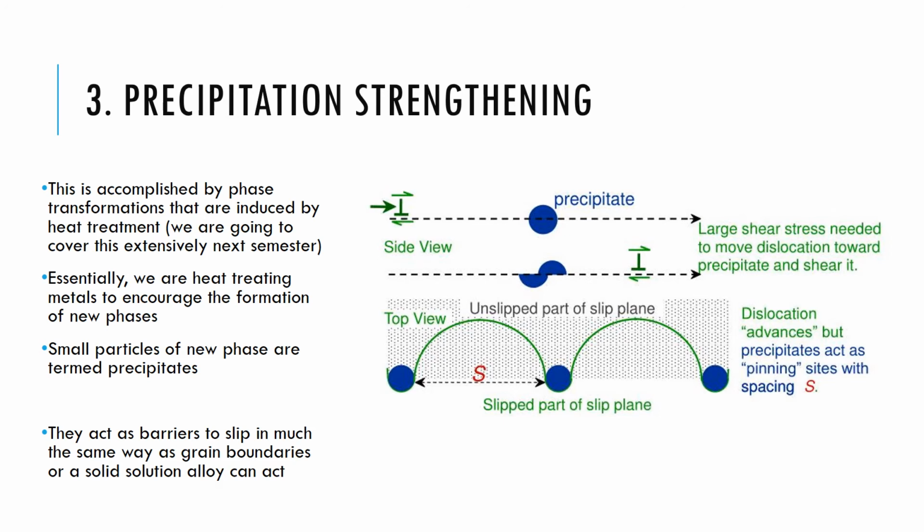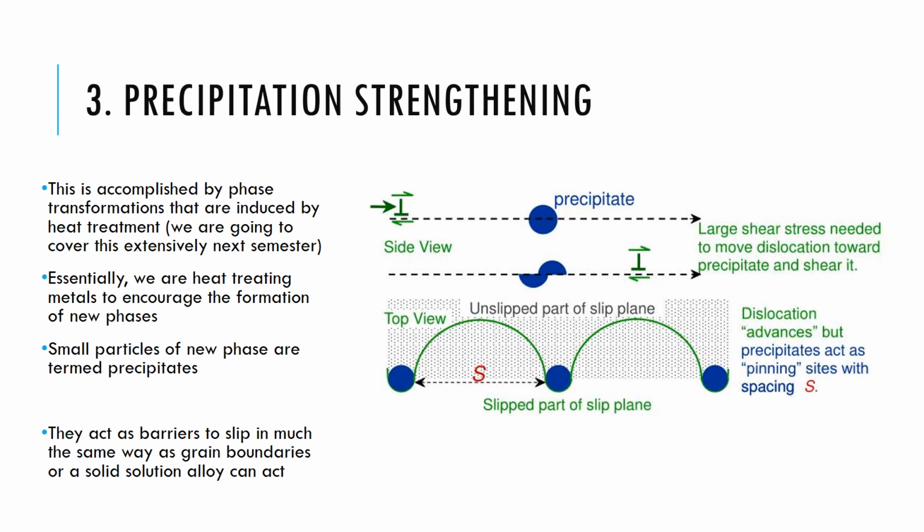Now you can also use precipitation strengthening, and this is accomplished by phase transformations that are introduced by a heat treatment, and we will cover this in a lot more detail next semester. We're going to go into some very deep detail about heat treatment of steel next semester.